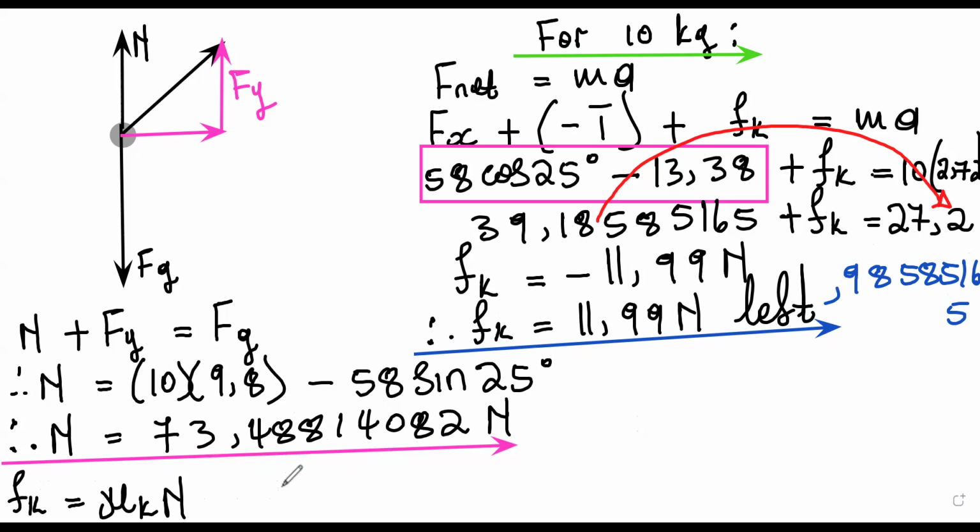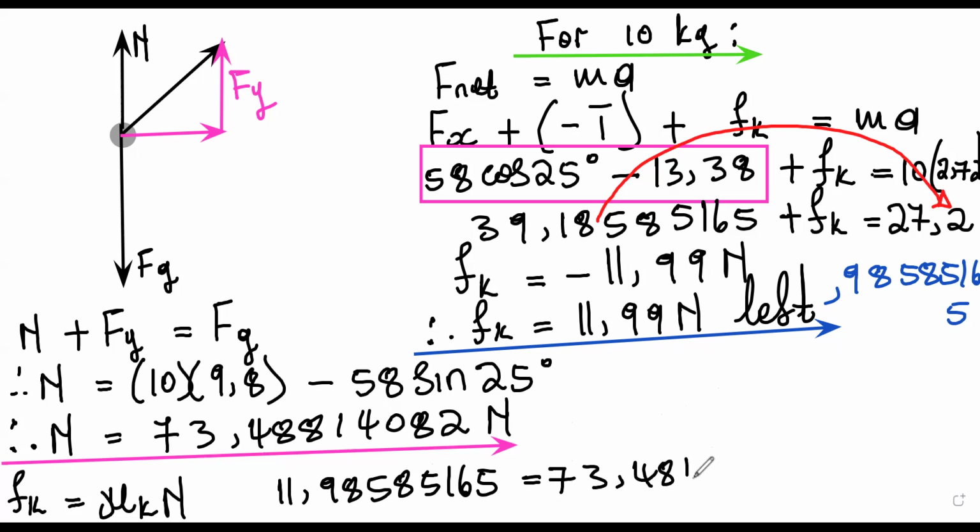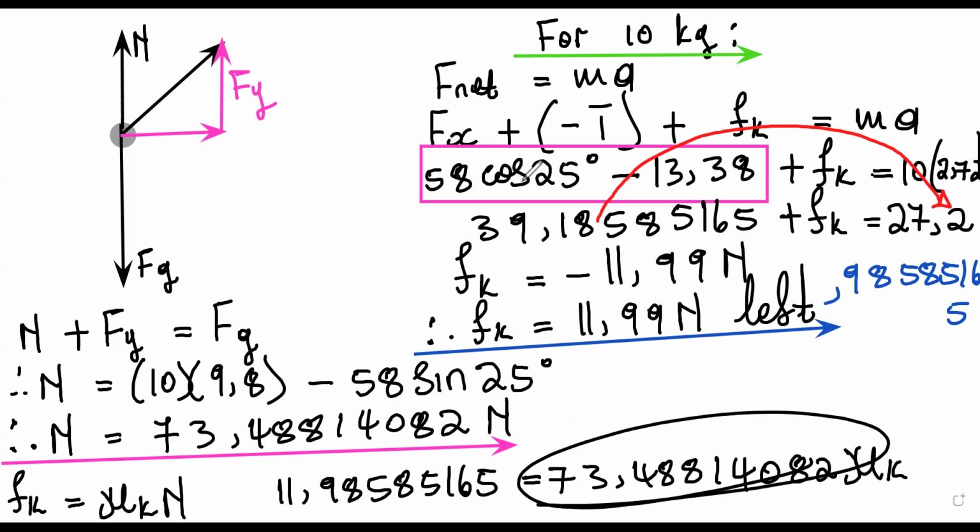Then we can say the kinetic frictional force, 11.98585165, is equal to the normal force, which is 73.48814082 again, times the coefficient of kinetic friction, or you could have begun with the coefficient.